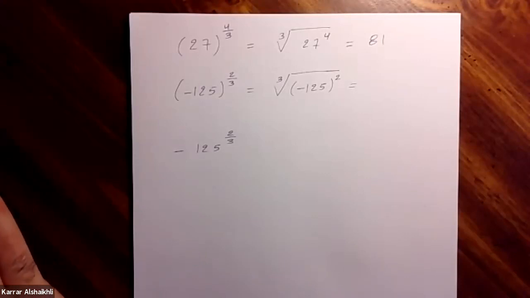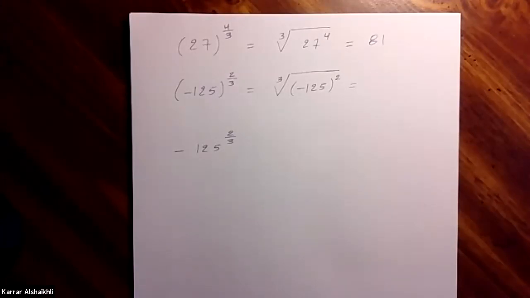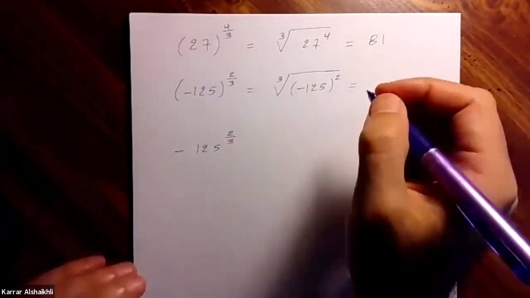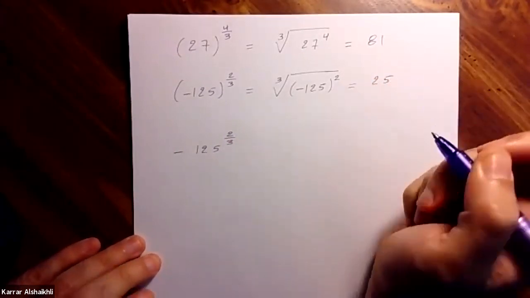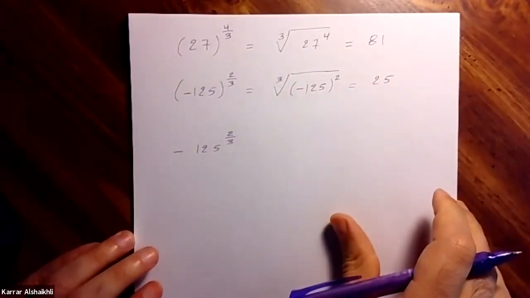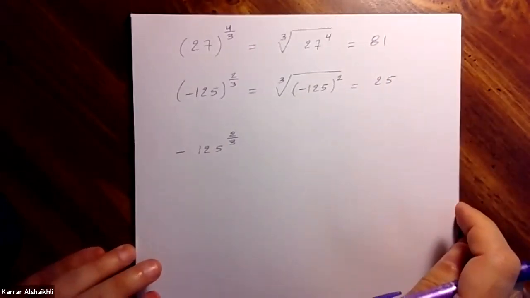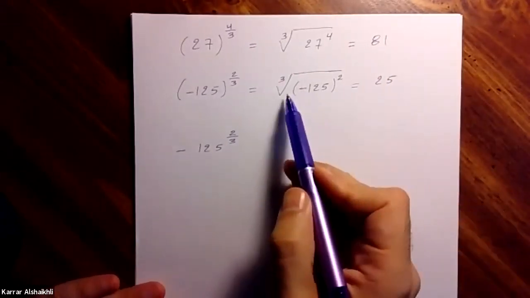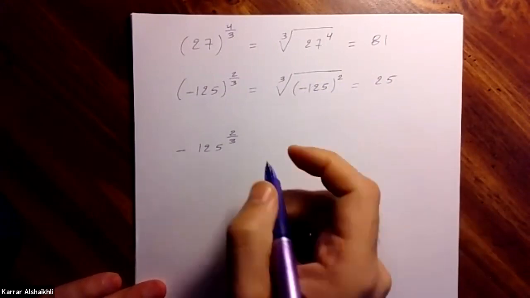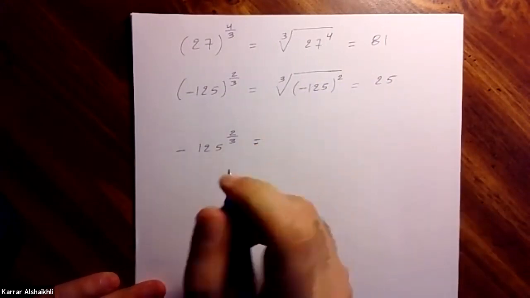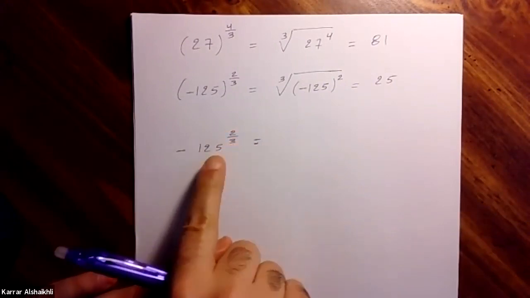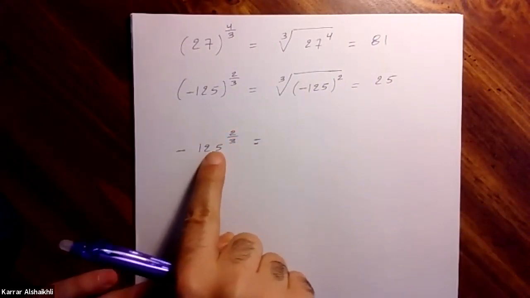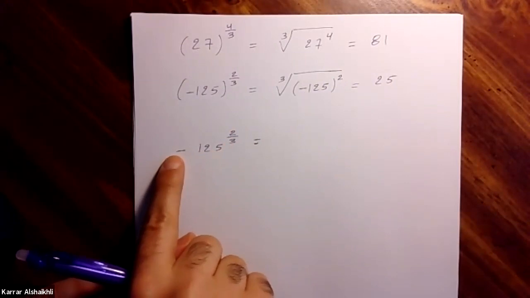25. Is it negative 25 or just 25? It's just 25 here. If you plug in exactly the same thing, it's going to be 25. What about the second one? The second one, you see the exponent here is only for this number, not for the negative sign.